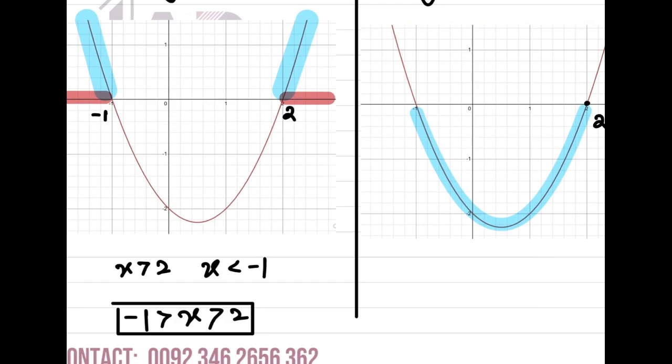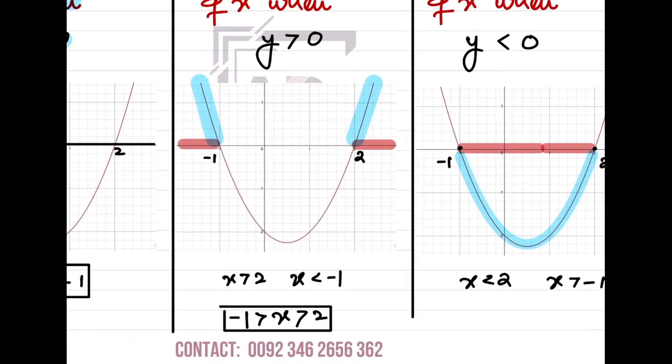So we got the value of x equal to 2 here and the value of x equal to minus 1 here. So at what values of x is y less than 0? At x less than 2 and x greater than minus 1, we have the y values over here less than 0.